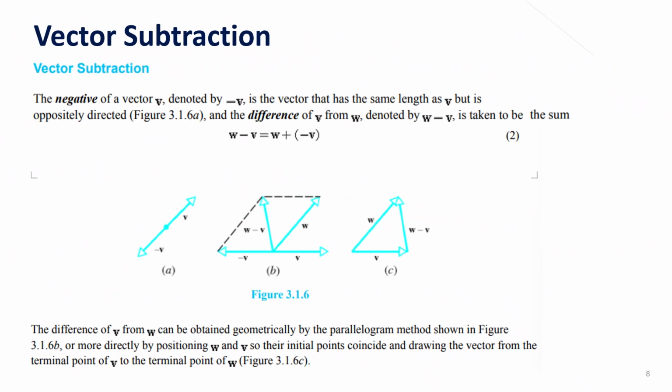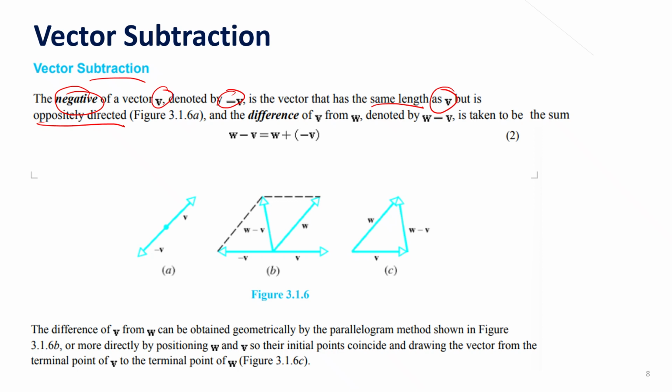Okay, vector subtraction. Basically it's the opposite of the previous concept, in which the negative of a vector v is denoted by minus v. It's actually a vector with the same length as v, but with the opposite direction, or the direction being inverted.